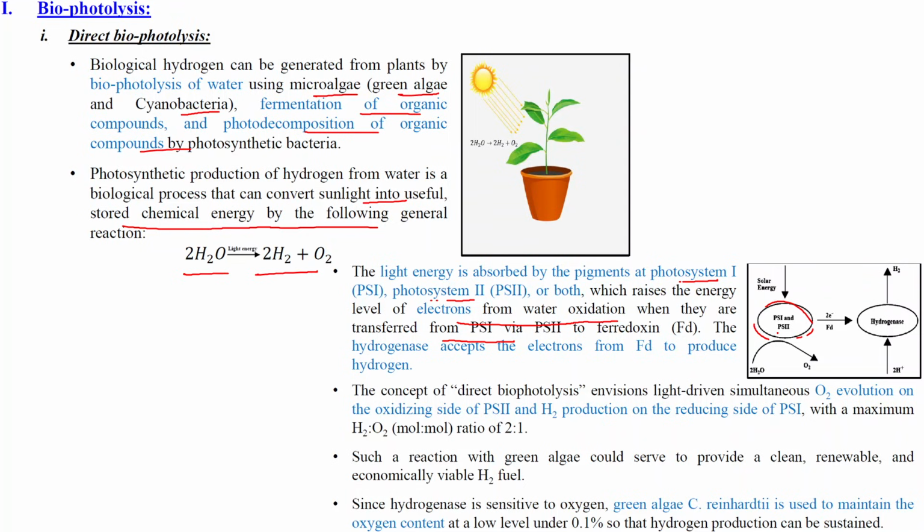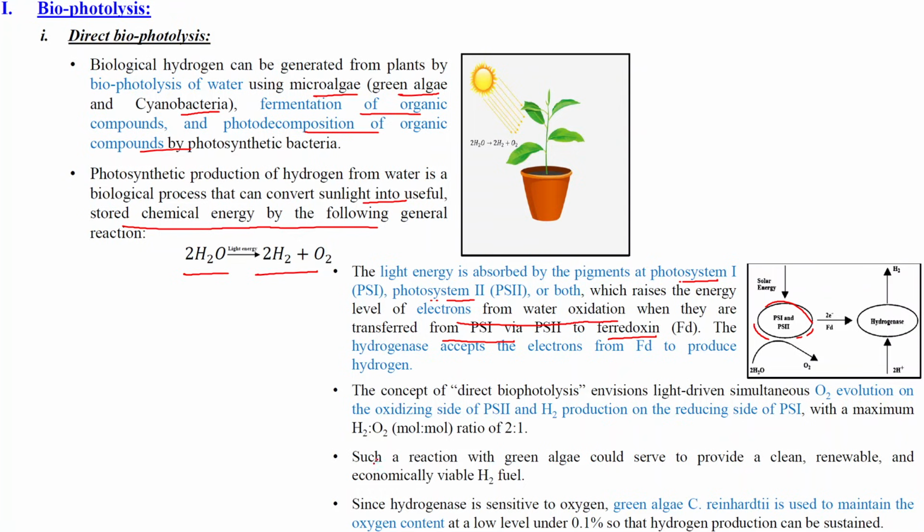So they absorb energy from the sun, and bacteria help absorb energy from the sun and then it gets oxidized using ferredoxin. And this ferredoxin releases electrons, which in the presence of hydrogenase convert water into its components.